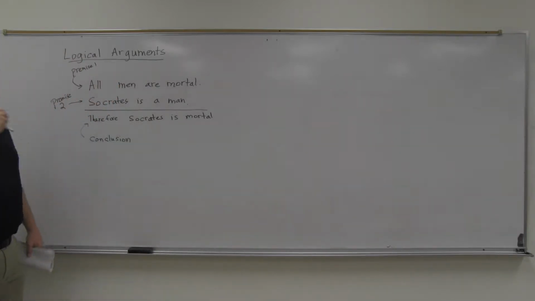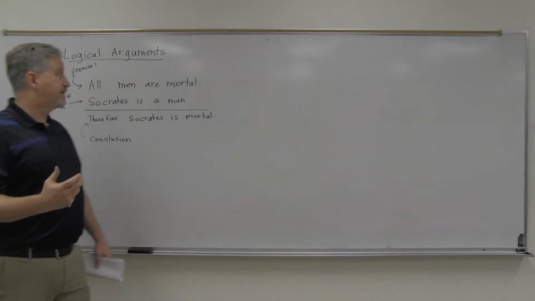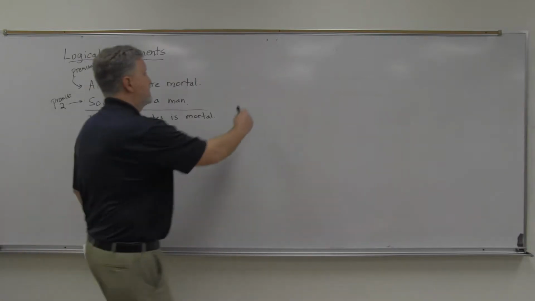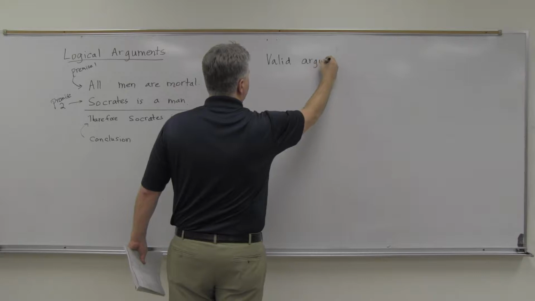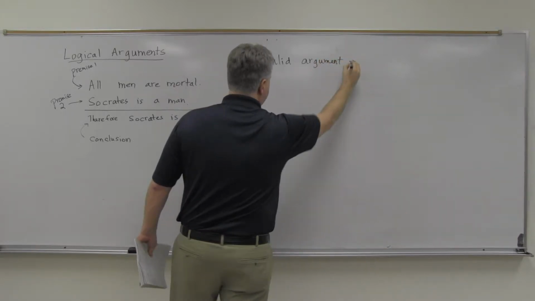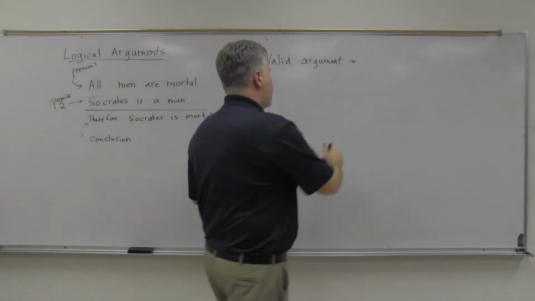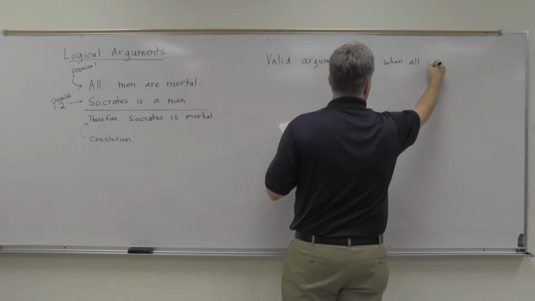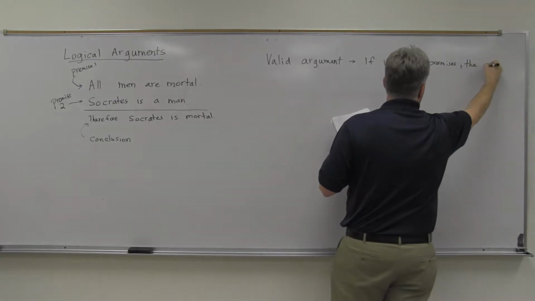Anyway, what we're looking for are valid arguments. Not all arguments are valid, though, so let's talk about the difference. A valid argument: you have a valid argument if, when all the premises are true, the conclusion can only be true.